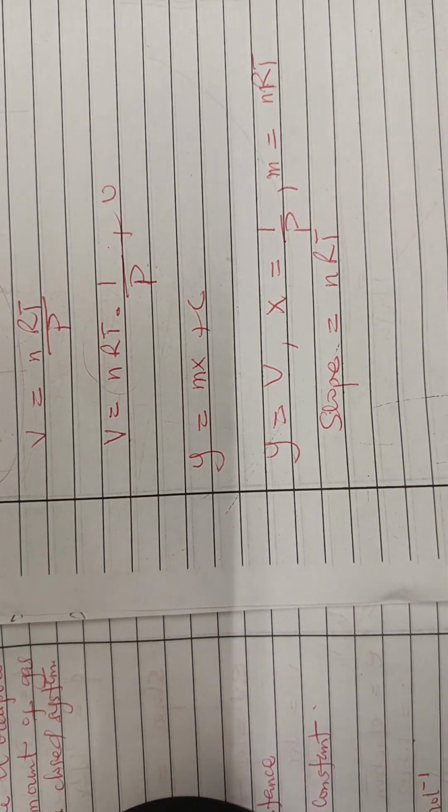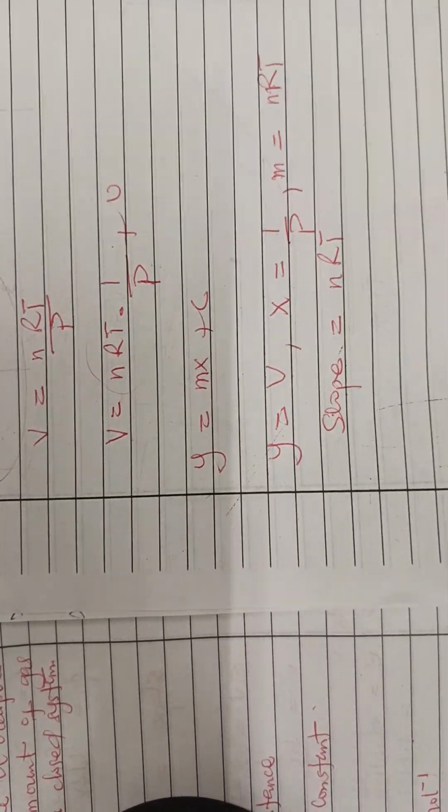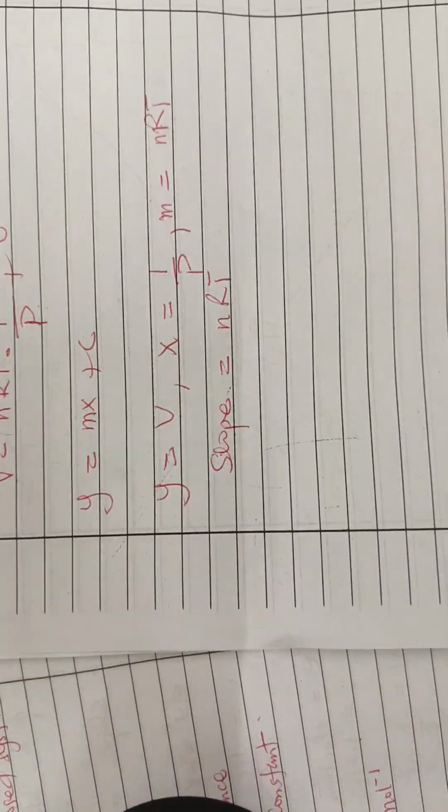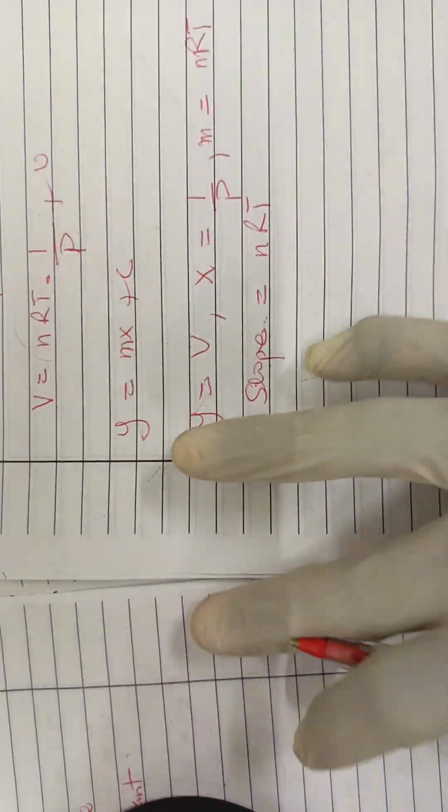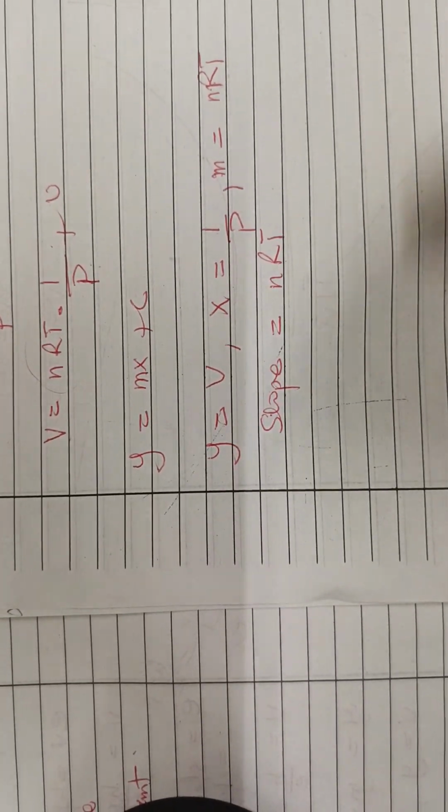Now they said Boyle's law, P is inversely proportional to V at constant temperature. So the temperature that you used in the lab is what you use. But please make sure you convert the temperature to Kelvin.